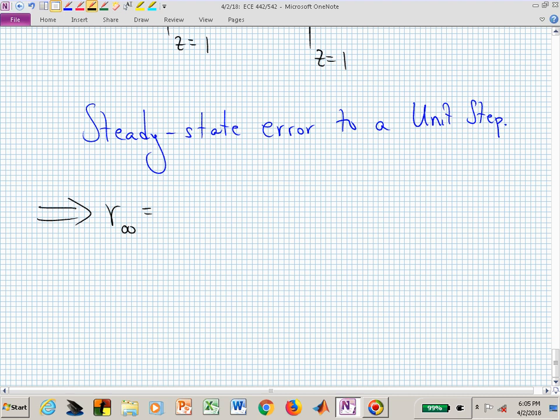It's 1 for all n, isn't it? So R at infinity is 1. Can we even talk about a steady state output? Does that make sense to talk about a steady state output in this case? And if you're shaking your head yes, why? Not the output y, but why? Why is it okay to talk about a steady state output?